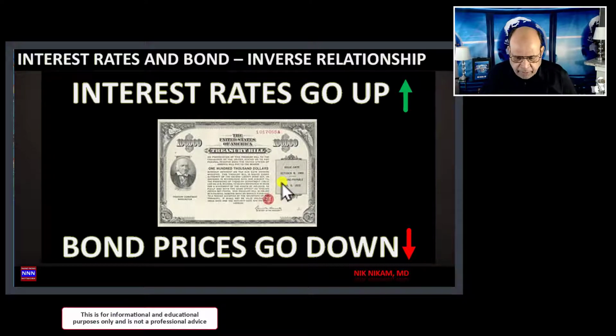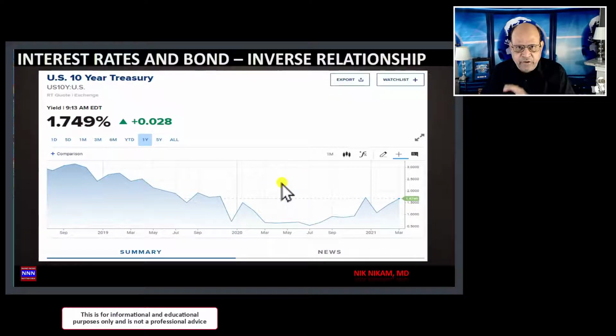So let us begin. Here is an actual chart as of today. The 10-year treasury bills, which actually went up by 2 points. Let's look at two focus points on this one, and then we're going to correlate with real numbers and see how they relate when it comes to interest rate versus bonds.